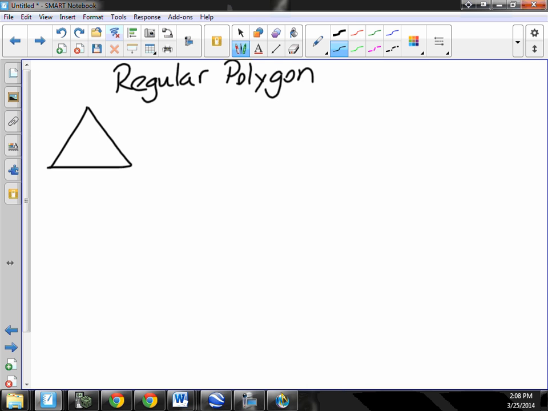So regular polygons are equilateral. Equilateral means all of the sides are the same length. They're also equiangular, which means that all the angles are the same.